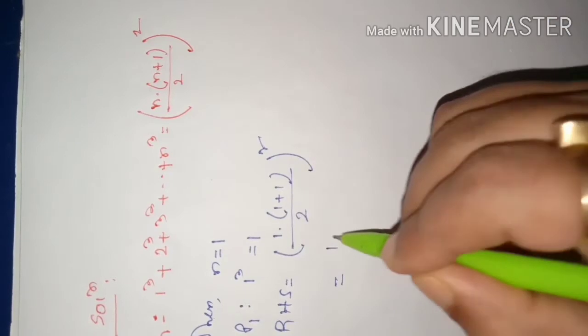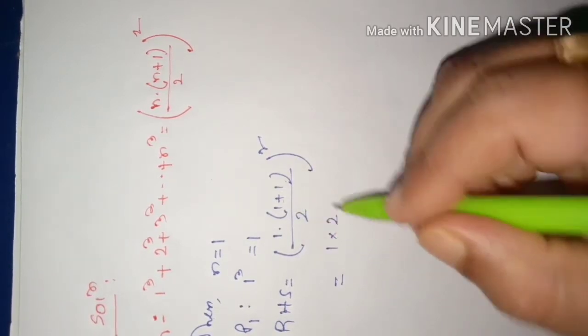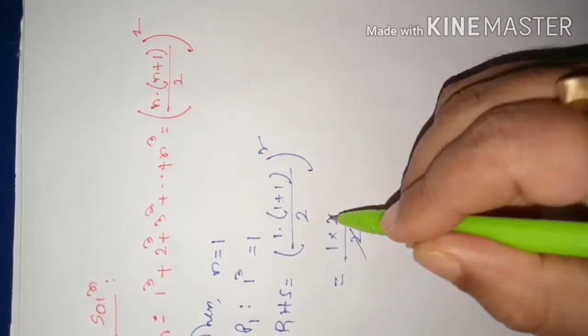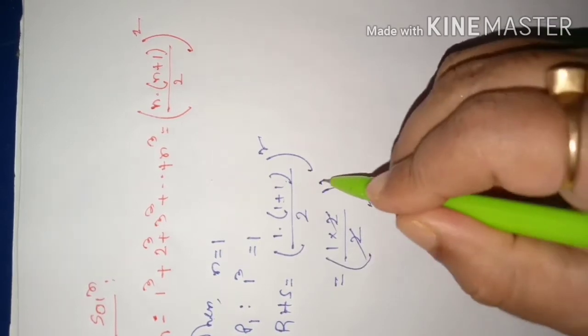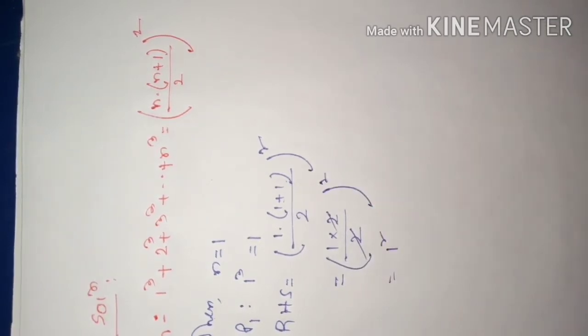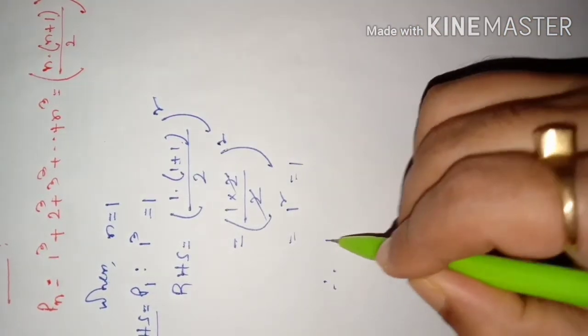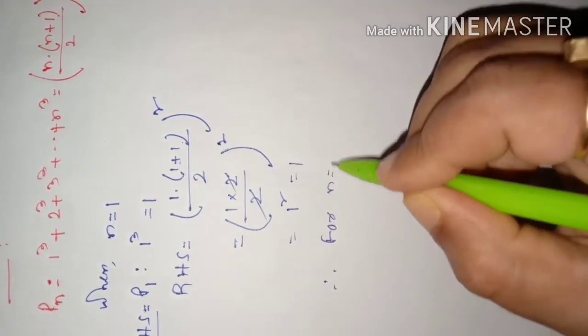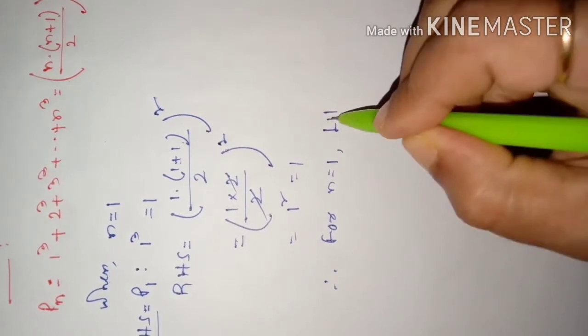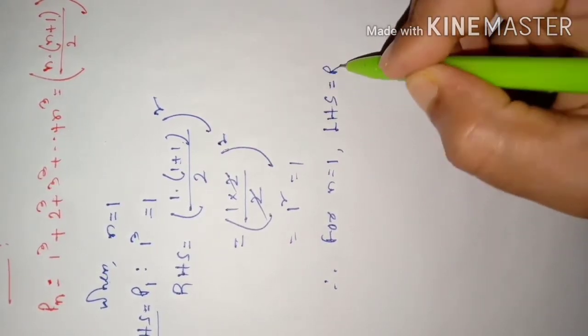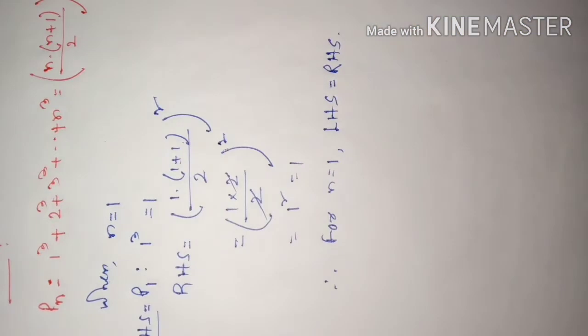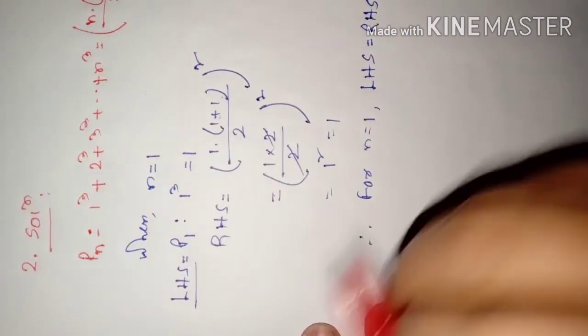That will be 1 into 1 plus 1, 2 divided by 2, 2 can cancel, whole square. So 1 square equal to 1. So therefore for n equal to 1, left hand side of the statement is equal to right hand side. This is step number 1. Our step number 1 is over.